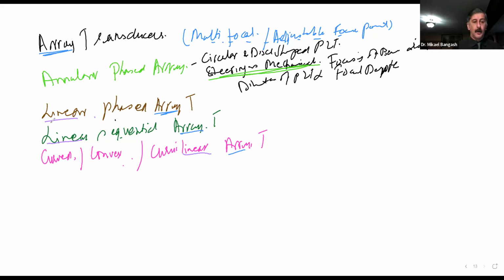The term linear can be taken in two ways. What's common to the linear phased array and the linear sequential array is that they have a straight linear footprint.